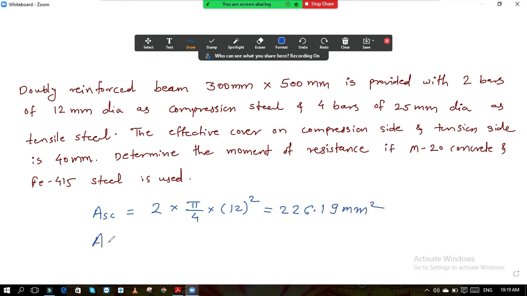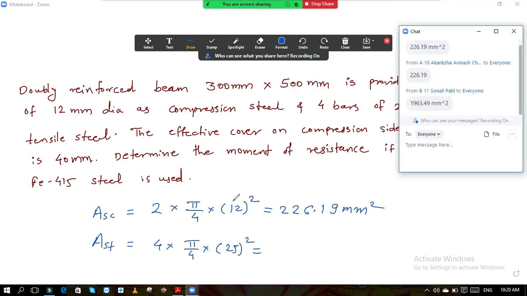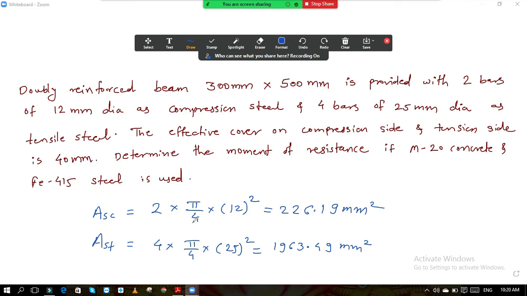Similarly, we will calculate the area of steel Ast in the tension zone, 4 bars of 25 mm diameter: 1963.49 mm square. So now these are the reinforcements.